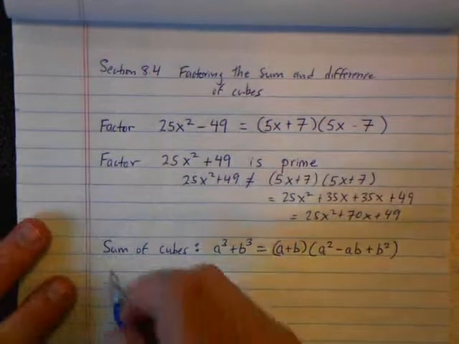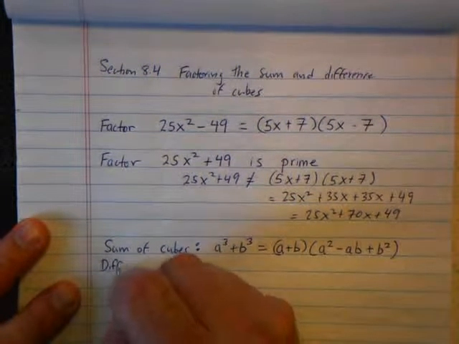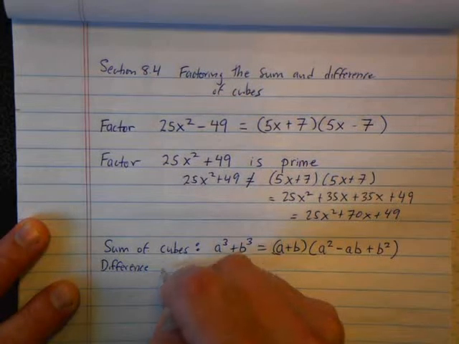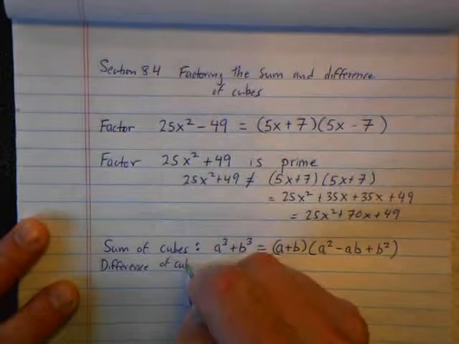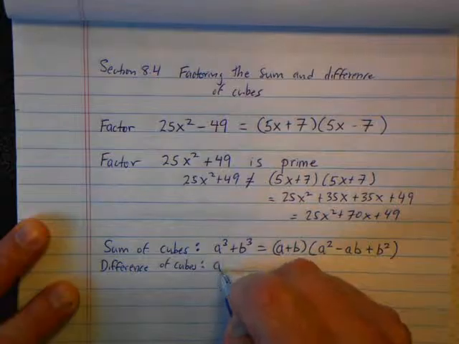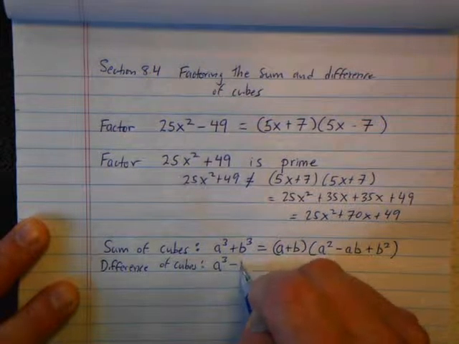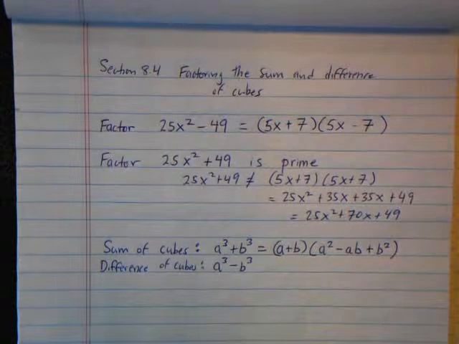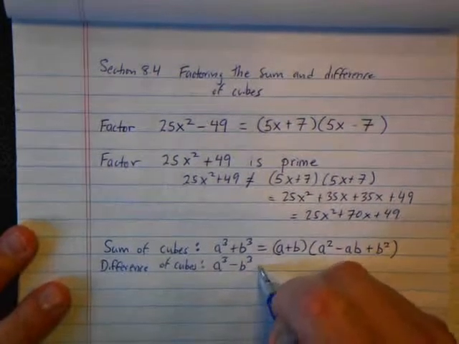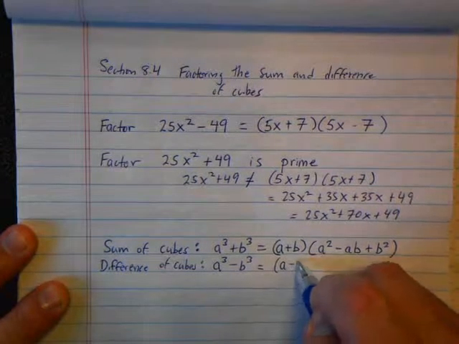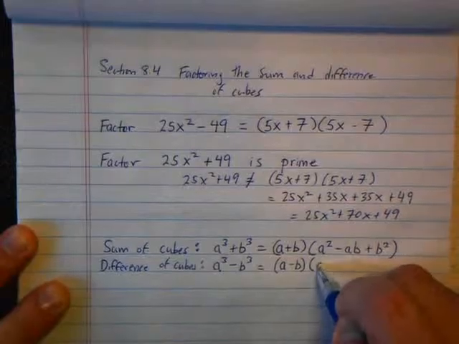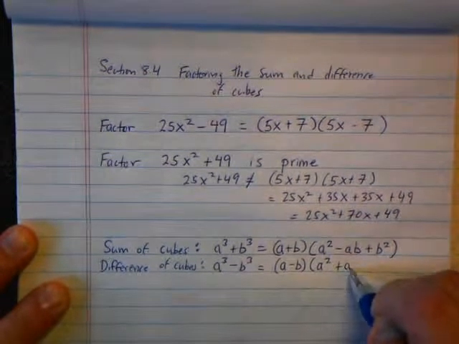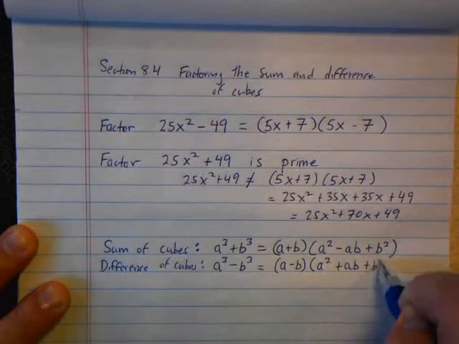And then the other one you need to memorize is called difference of cubes. It looks very, very similar. You have a cubed minus b cubed. Difference means we subtract there. And you get a minus b times a squared plus ab plus b squared.